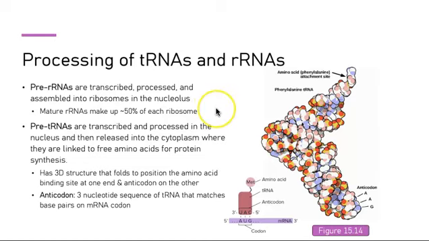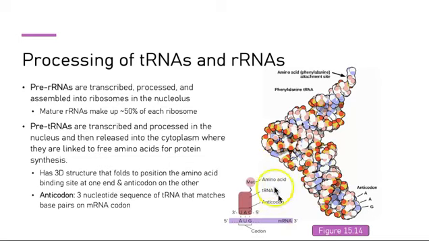And our mature rRNAs make up about 50% of each ribosome. With our pre-tRNAs, we transcribe them and process them in the nucleus and then release them into the cytoplasm because we are going to need to link a free amino acid to them.